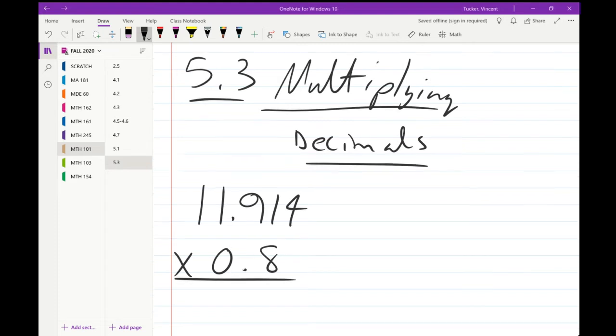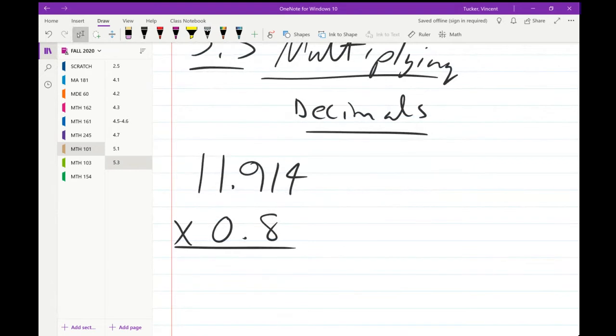So we don't have to line up our places or use any place value holders. All we have to do is first just multiply what we see.